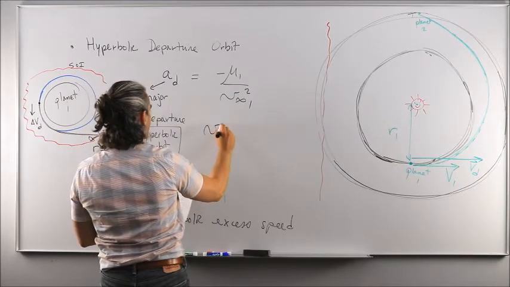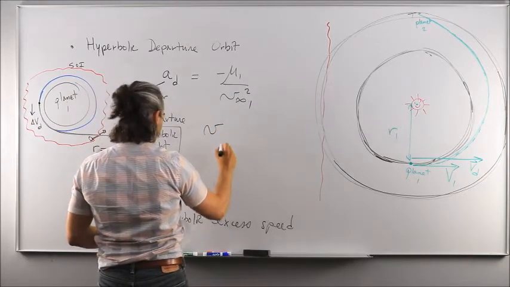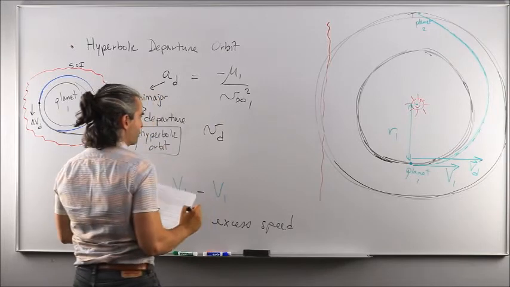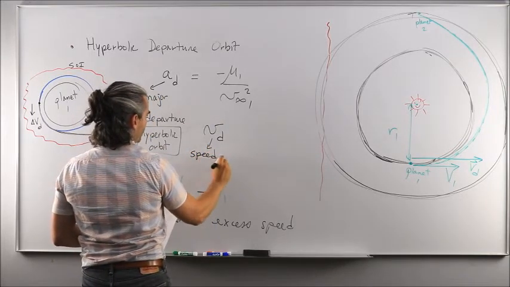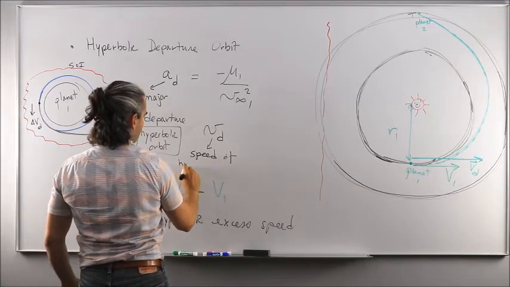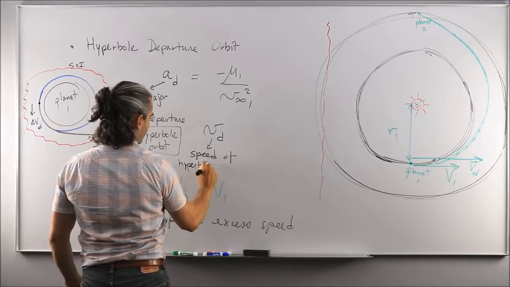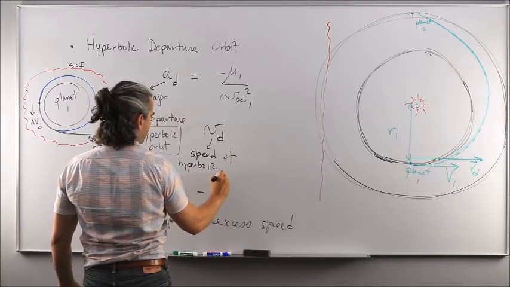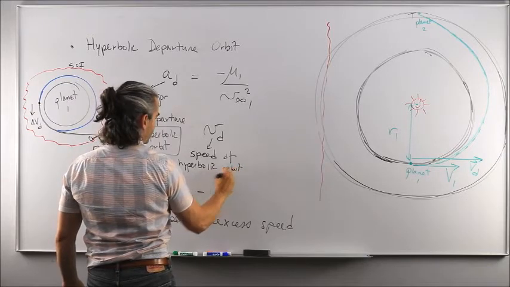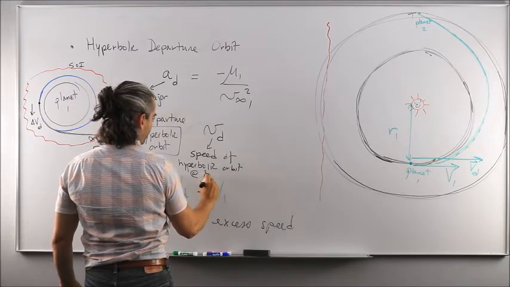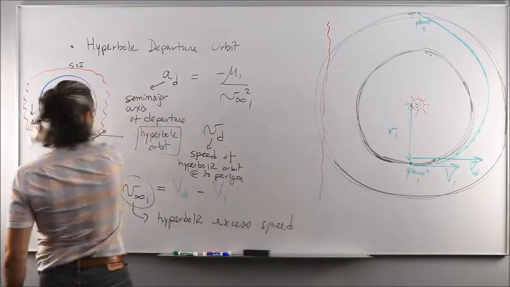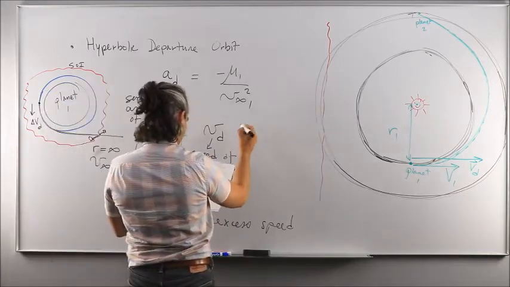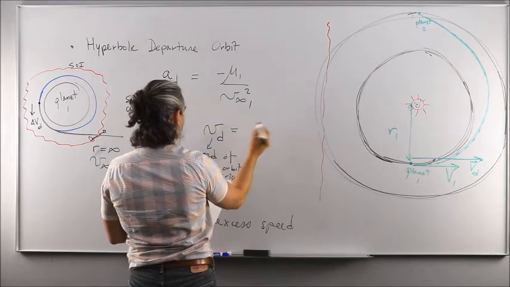So V of the departure orbit, the speed of the hyperbolic orbit at its perigee, which is the point of application of the actual delta V maneuver, will just be equal to this vis-viva.